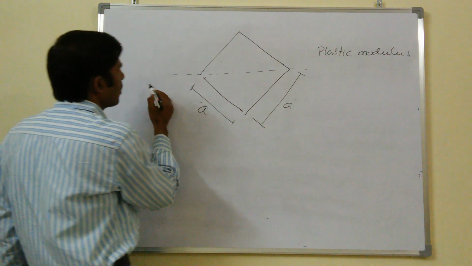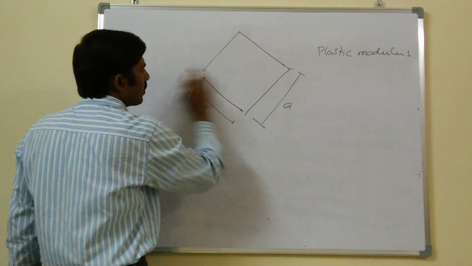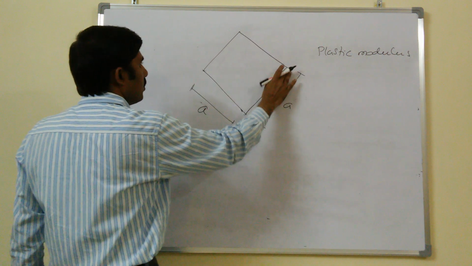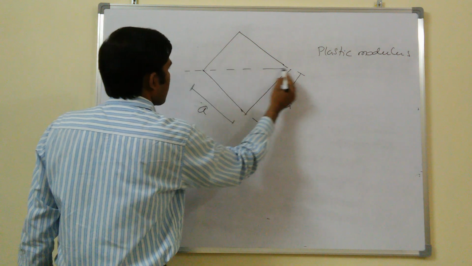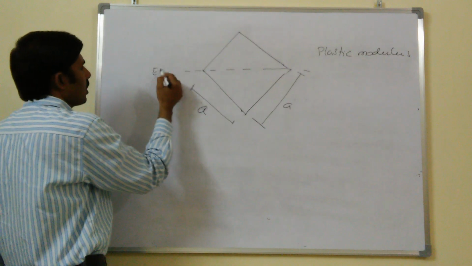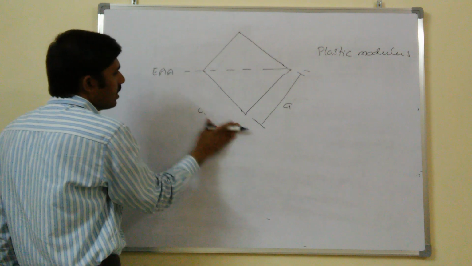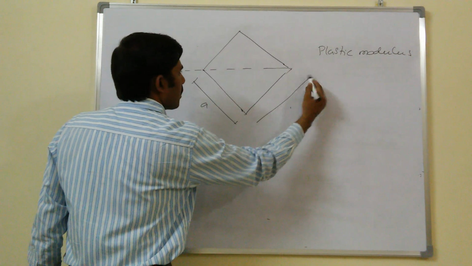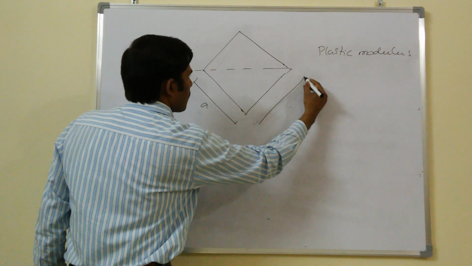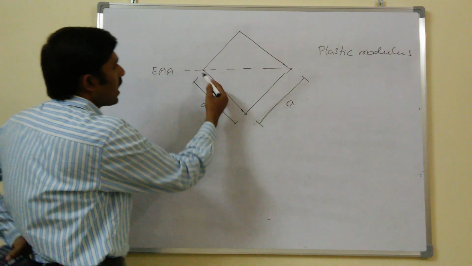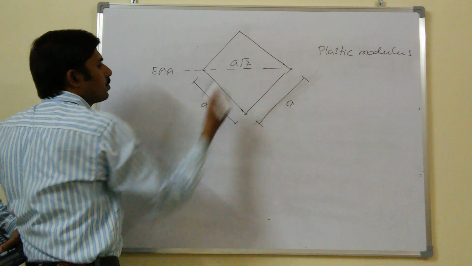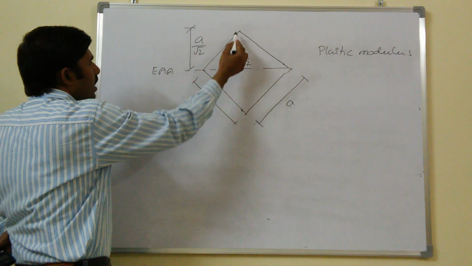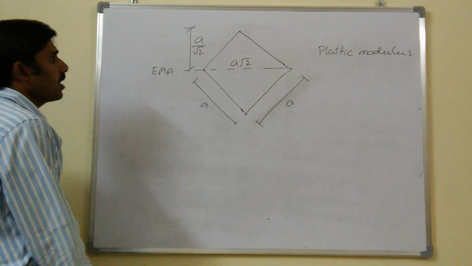We can tell this is the equal area axis. The diagonal will obviously be a root 2, and this height will be a by root 2. Why? From here to here is a root 2, half of that is a by root 2.